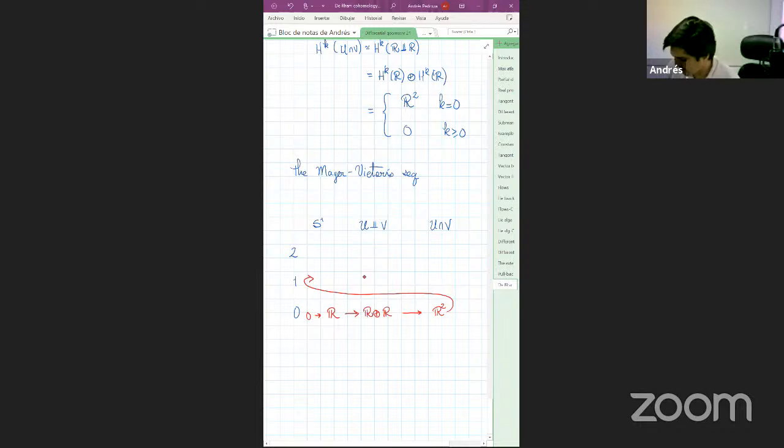And then here we got 0 plus 0. And then here we got 0. So the Mayer-Vietoris sequence is exactly this. I'm just going to rewrite it like this. That's the Mayer-Vietoris sequence for the circle.